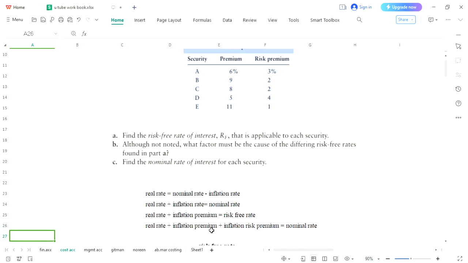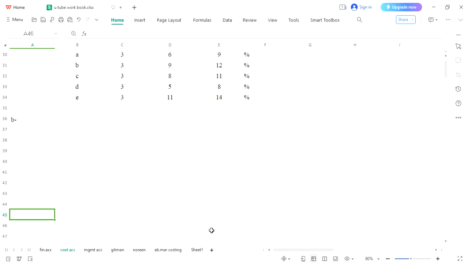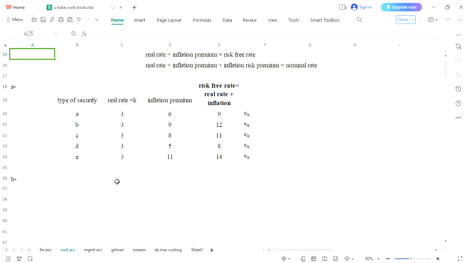Look over here, at the same time period there were different types of securities, but every security is bearing a different rate of interest. Now let's see why these are different rates. Obviously, each type of security is facing different problems. It may be an organizational problem, it may be an economic problem, or it may be possible that the organization where you have invested is offering different maturity periods.